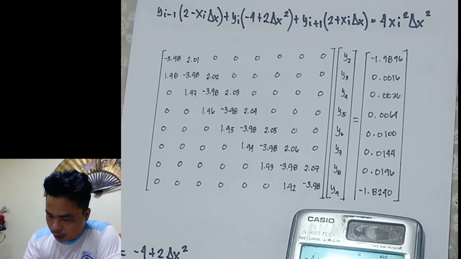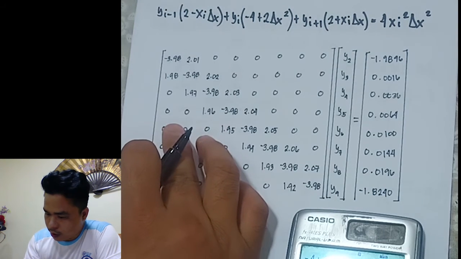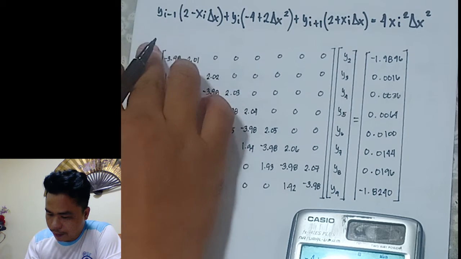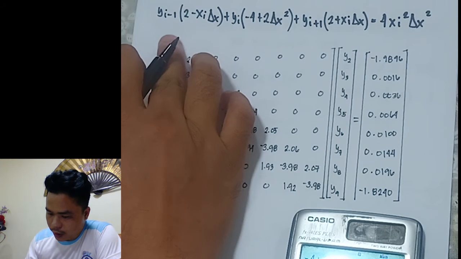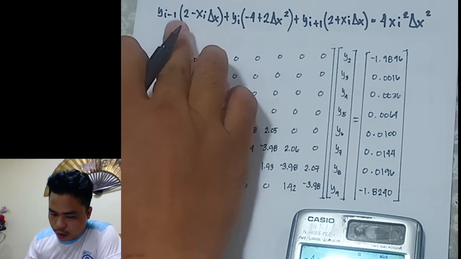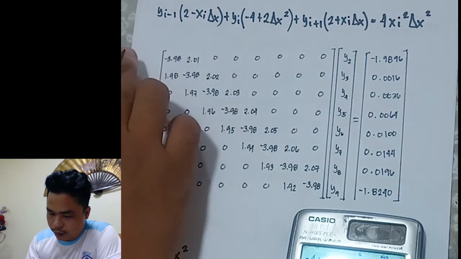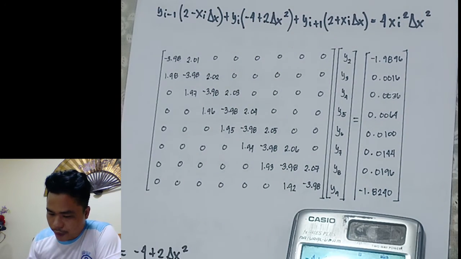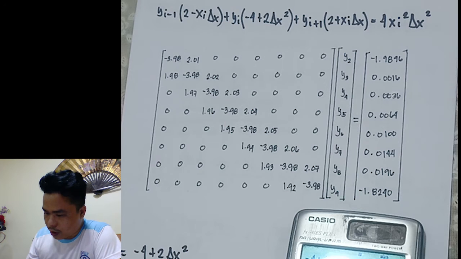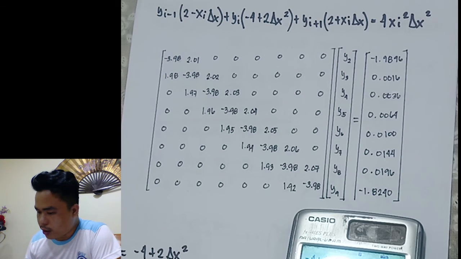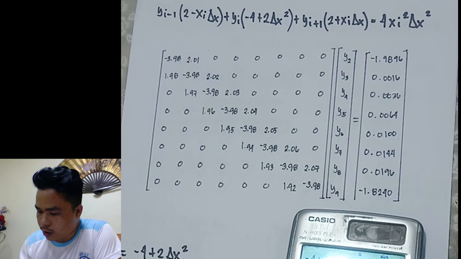But when you see the first coefficient and the third coefficient, they have xi in the y(i-1) coefficient and the coefficient for y(i+1).